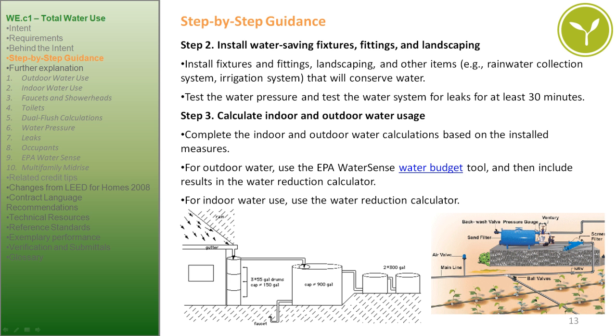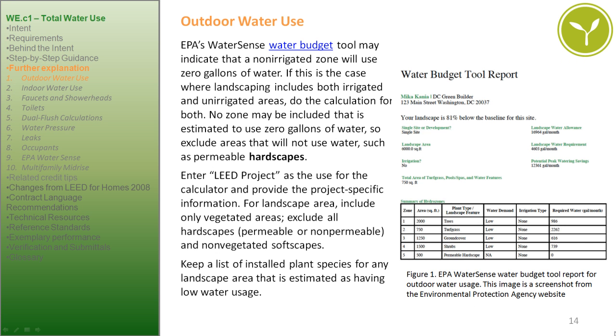Calculate indoor and outdoor water usage. Complete the indoor and outdoor water calculations based on the installed measures. For outdoor water, use the EPA WaterSense water budget tool, and then include results in the water reduction calculator. For indoor water use the water reduction calculator. We will now proceed to further explanation.